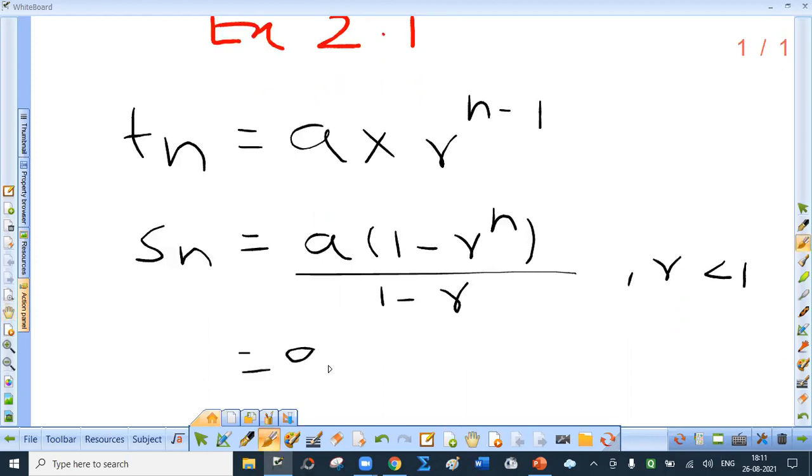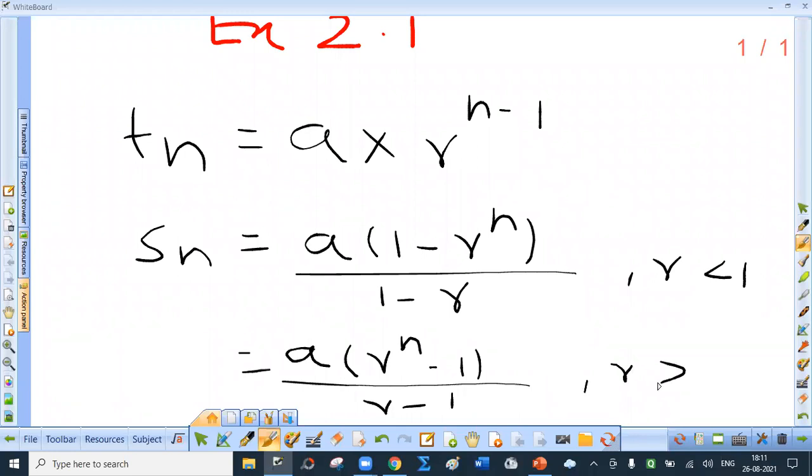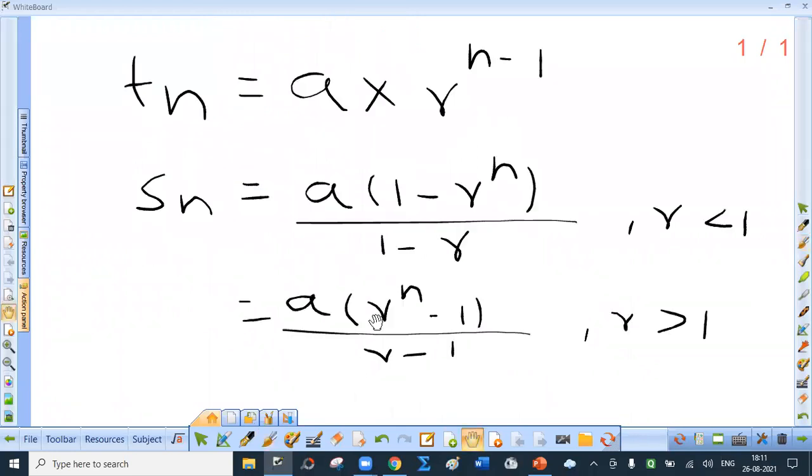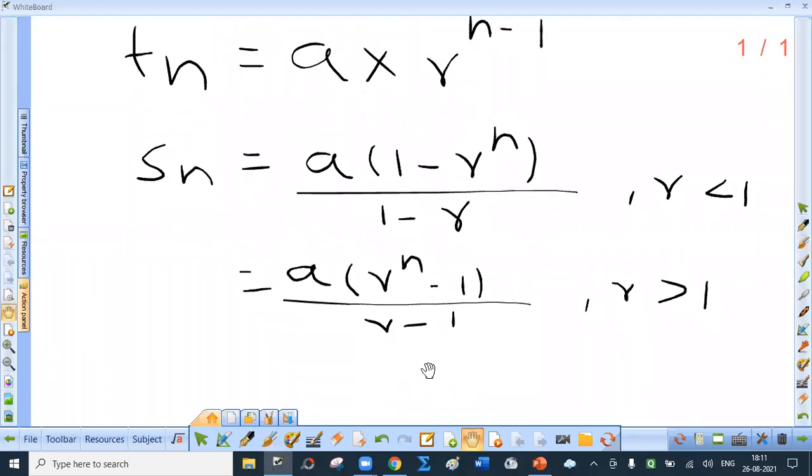And if R is greater than 1, actually the formula is the same. If R is 1, we cannot apply this formula. The terms are in GP even if R is 1, then each term is A. So if you add A n times, you get n into A. So this is the formula for R equal to 1.